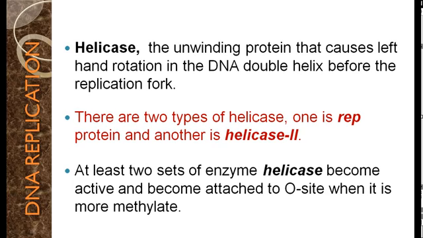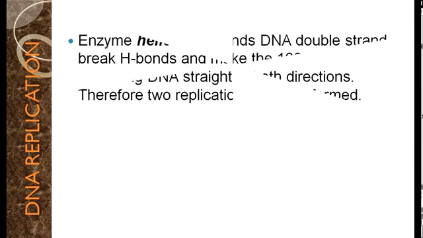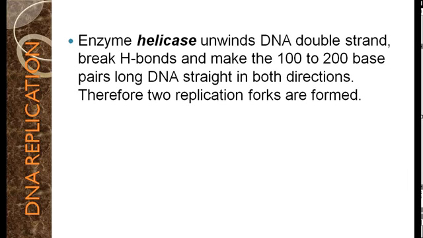At least two sets of helicase enzymes become active, become attached to the O site, and then form the replication fork. Almost 100 to 200 base pairs long DNA become straight in both directions, and two replication forks are formed there. And as I had said, the hydrogen bonds are weak bonds. They can break and they can reform easily.